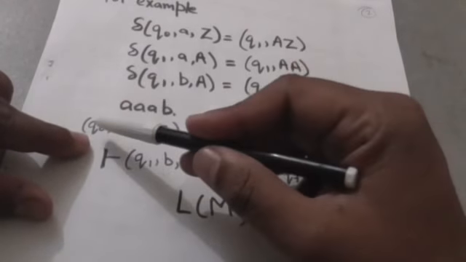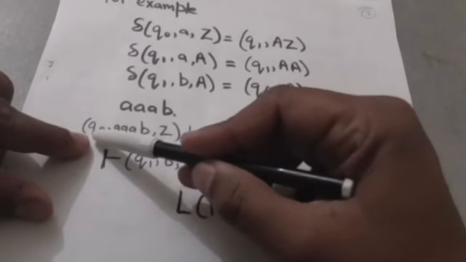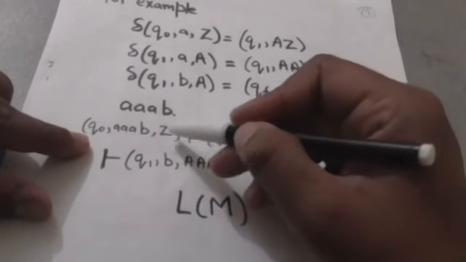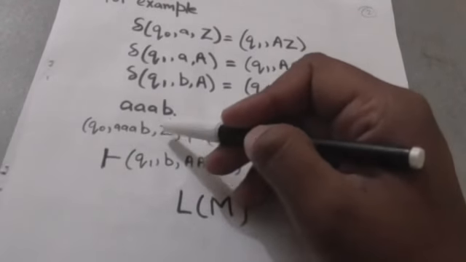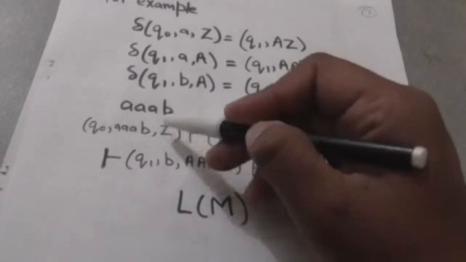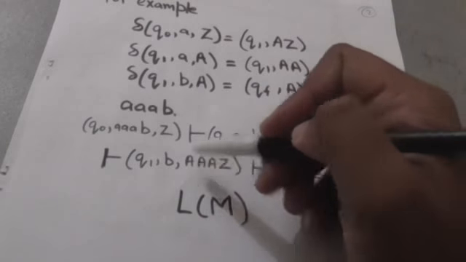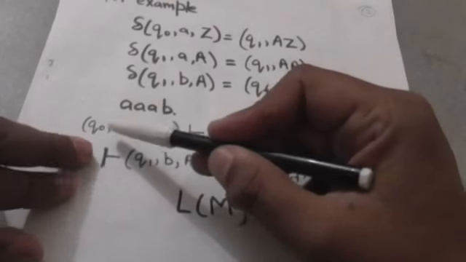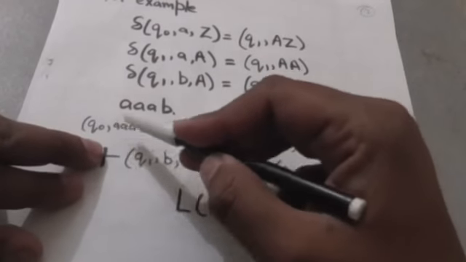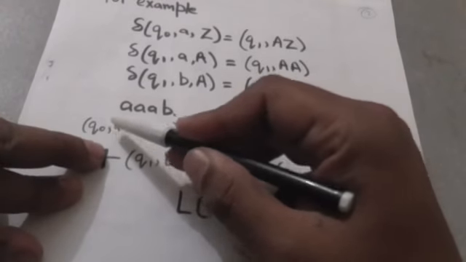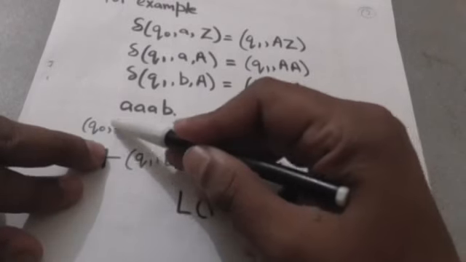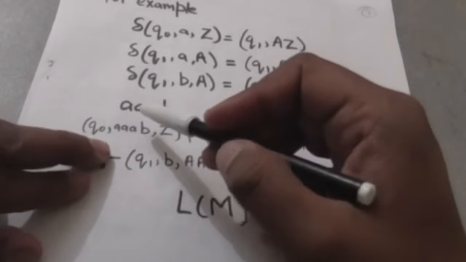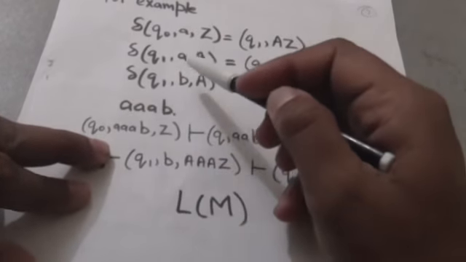Q0 is the present state, Z is the top element of the stack. Now first of all, Pushdown Automata will read the input symbol A.